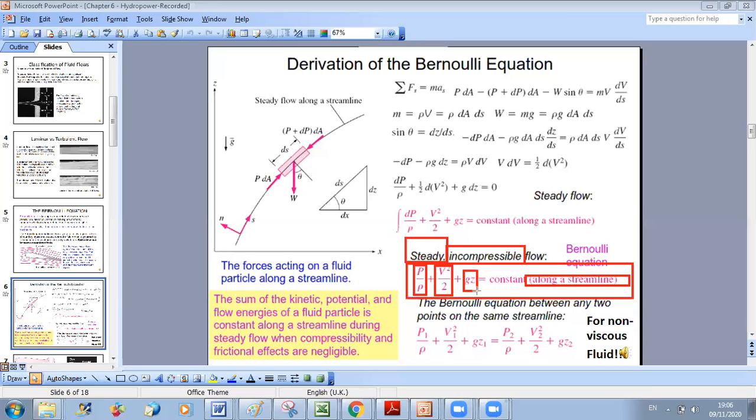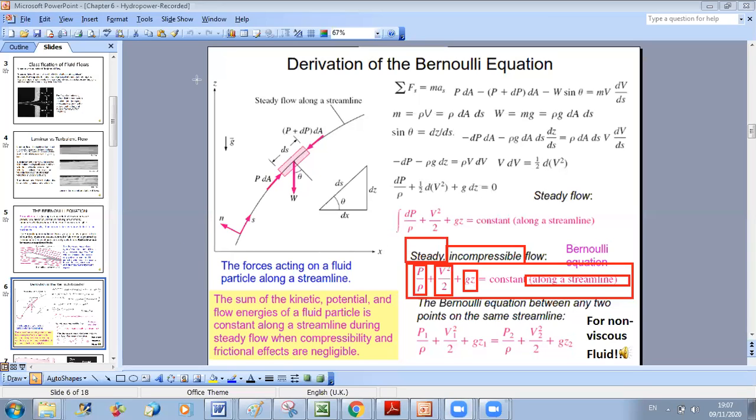So if you want, the Bernoulli equation is simply like conservation of mechanical energy in a solid. It's the conservation of energy for a flow. Okay, so it states that the summation of kinetic, potential, and flow energies of a fluid particle is constant along a streamline during steady flow when compressibility and frictional effects can be neglected.